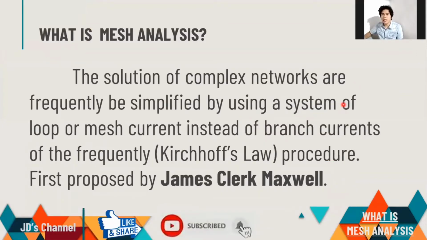So, what is mesh analysis? The solution of complex networks can frequently be simplified by using a system of loops, or what we call mesh currents, instead of branch currents, which is the Kirchhoff's law procedure we discussed before. This mesh analysis was first proposed by James Clerk Maxwell, who used looping to solve a particular or complex network.